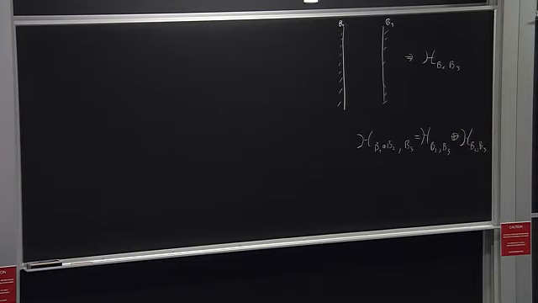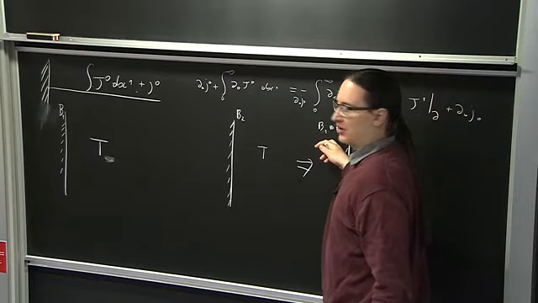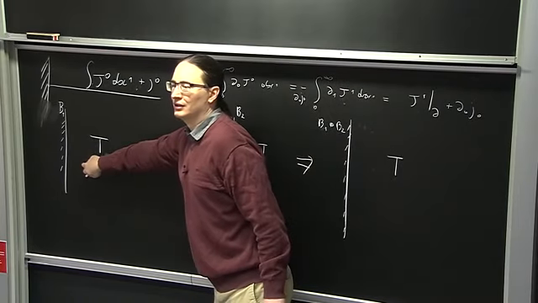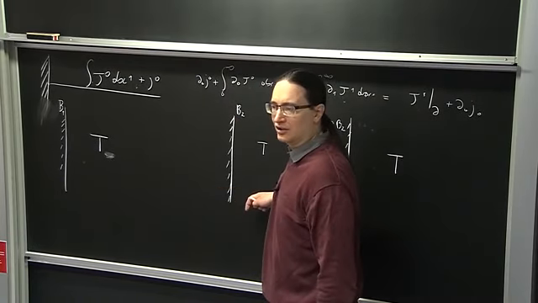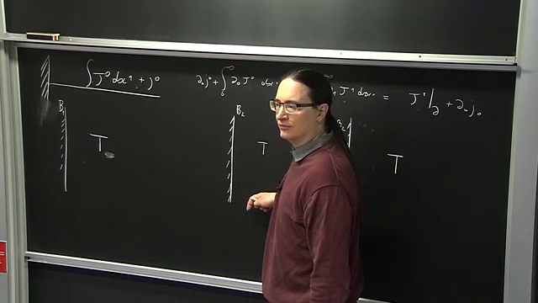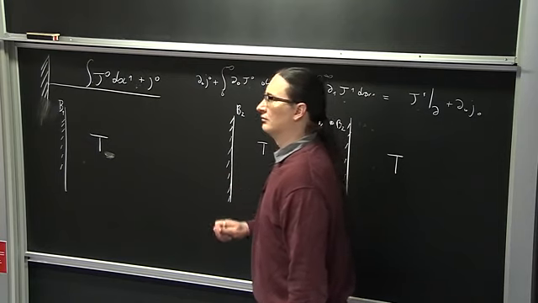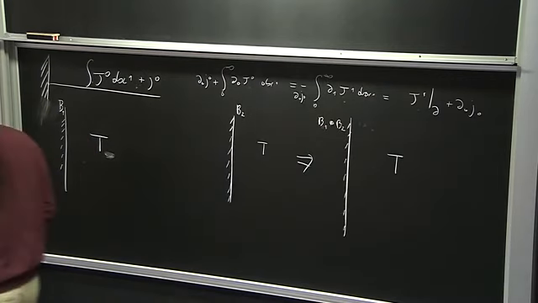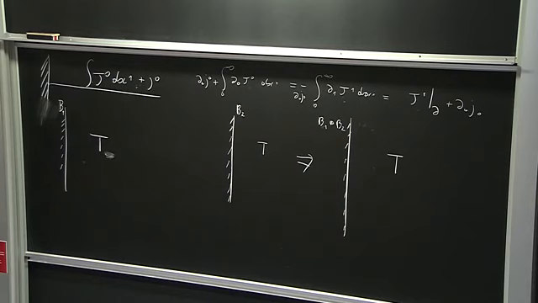Or if I study correlation functions of the theory in the presence of boundary condition B1 plus B2, they're just going to be the direct sum of correlation functions in the presence of this boundary condition and correlation functions in the presence of this boundary condition. So this is what the direct sum of boundary conditions is.